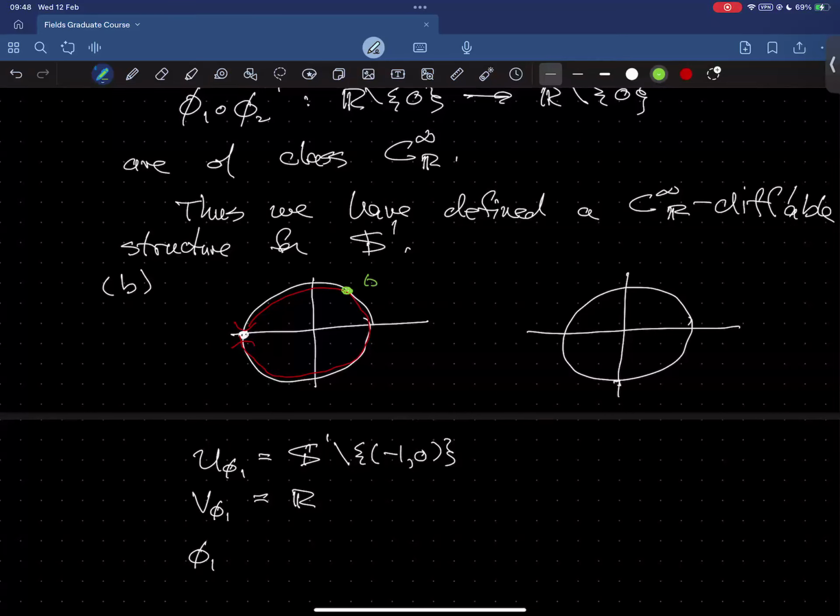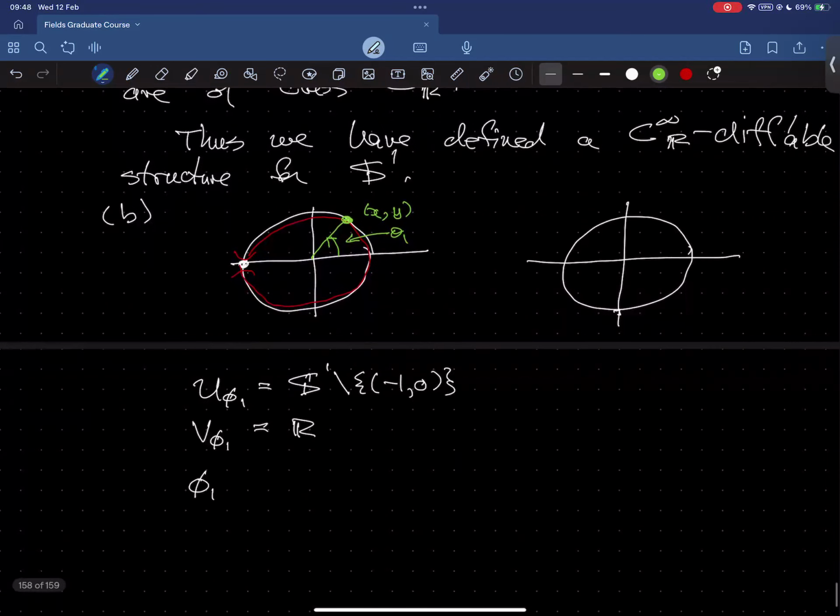Okay, so this is going to be a point X, Y. Okay, and then what phi1 of xy is going to be is it's going to be this angle, which I'll call theta 1. Okay, so phi1 of xy is theta, but theta, of course, will depend on xy. Okay, and so theta is going to be some kind of an arctangent function, right?